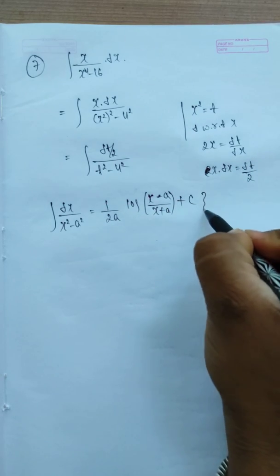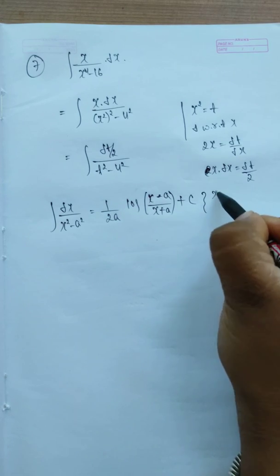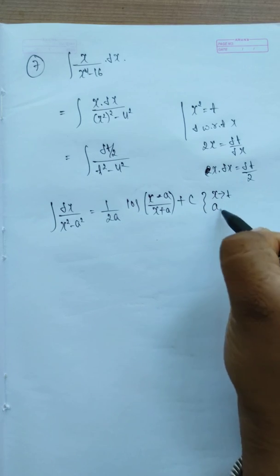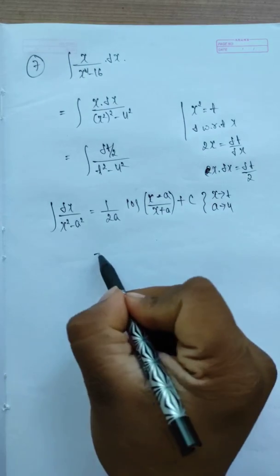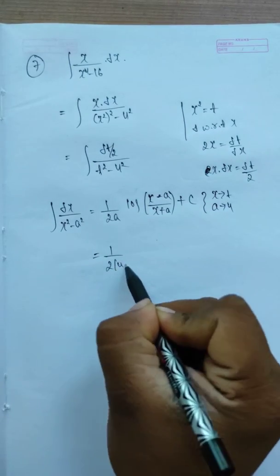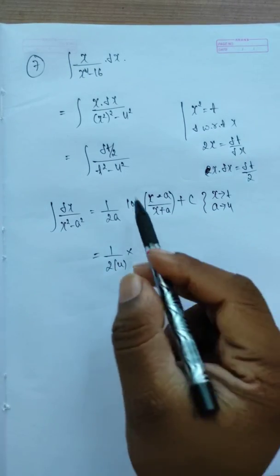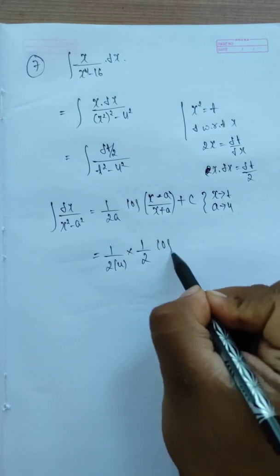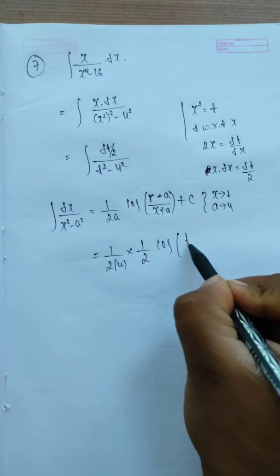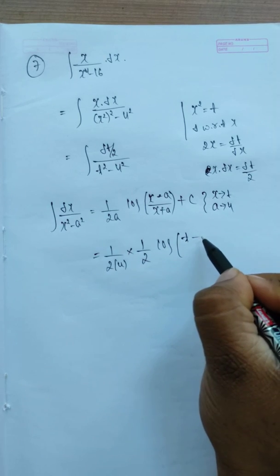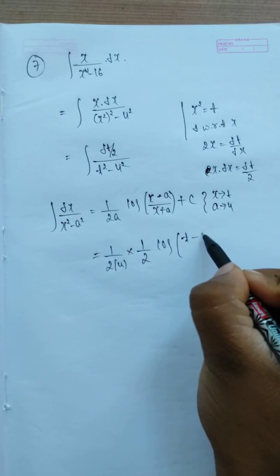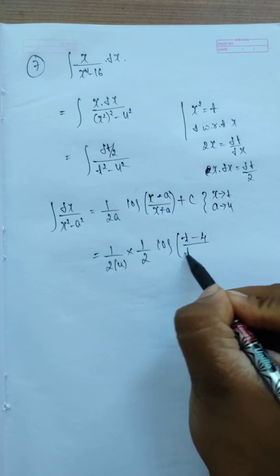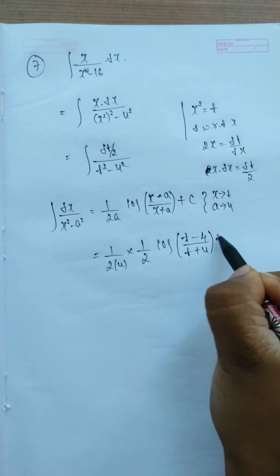So on comparing, what is x? x is replaced as t, a is replaced as 4, means 1 by 2 into 4 into, here we have 1 by 2, I am writing that 1 by 2 like that only, log of x is replaced as t minus a is replaced as 4 by t plus 4 plus c.